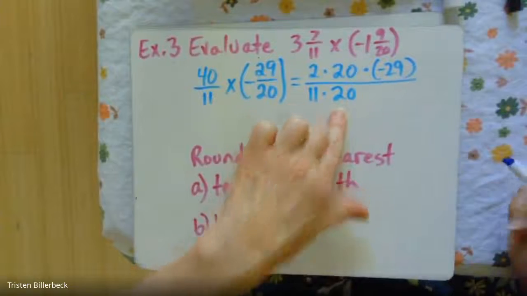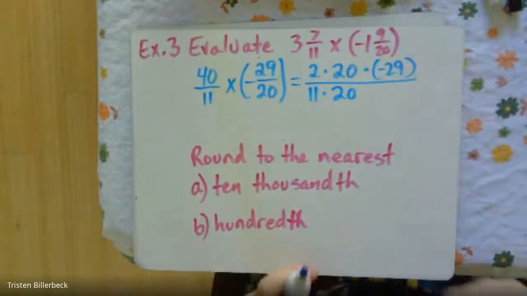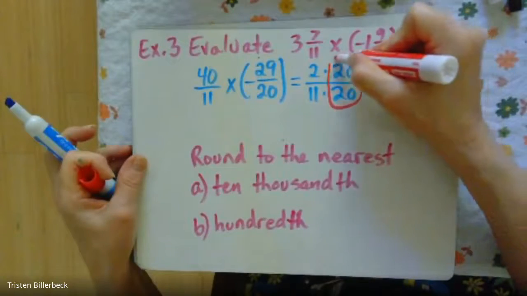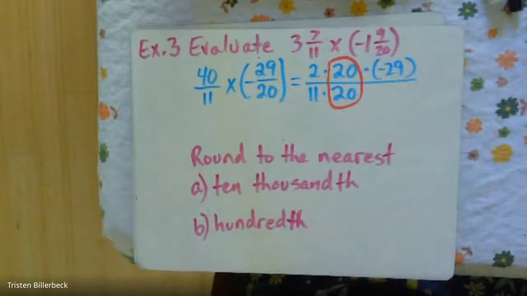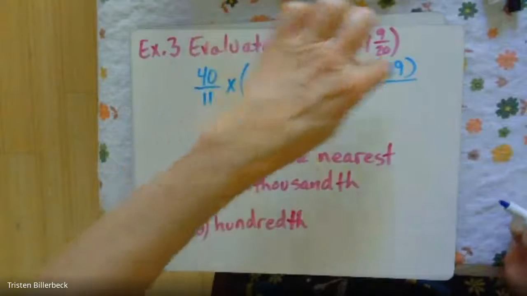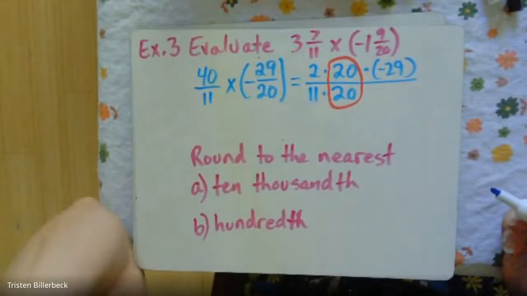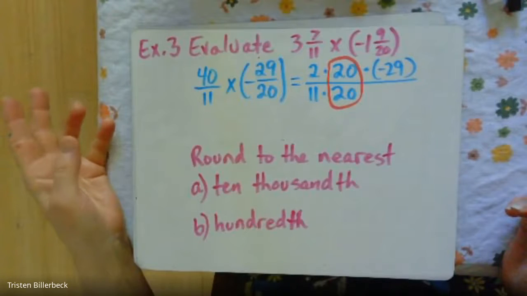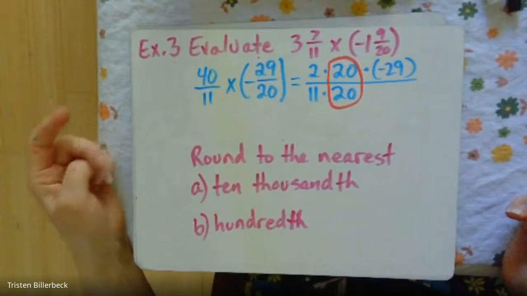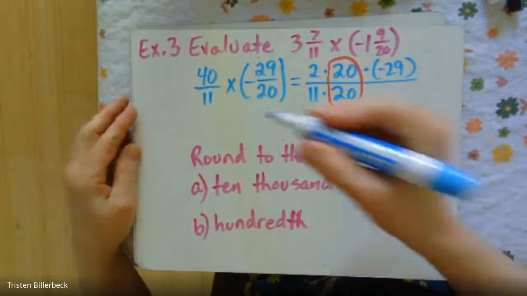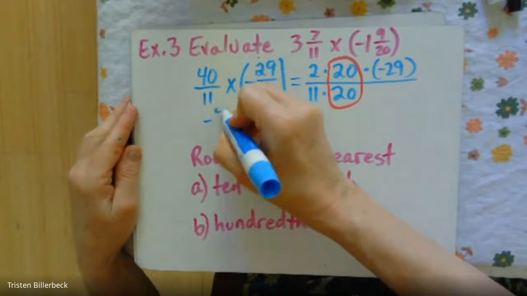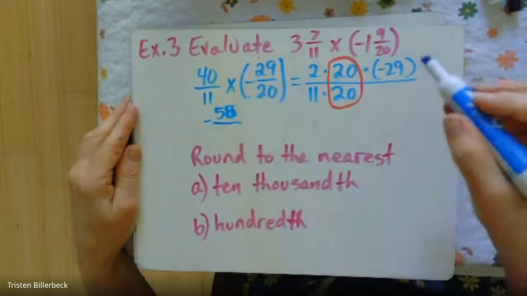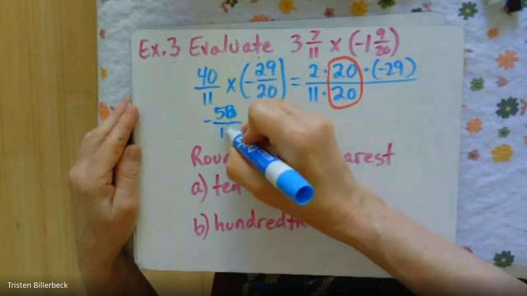When we see that, we have a common factor, so we can reduce this. So now it's just 2 times negative 29. If we do a quick estimate, 2 times 30 is 60, and then subtract 2, we get 58. So this ends up negative 58 over 11.